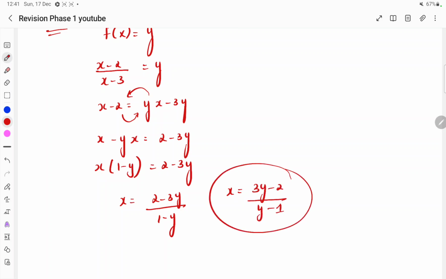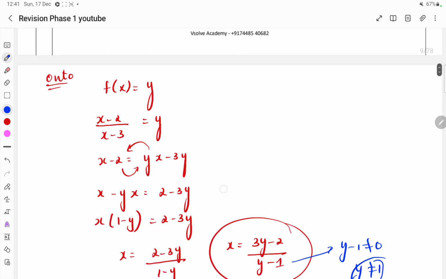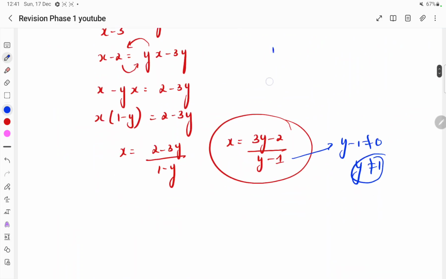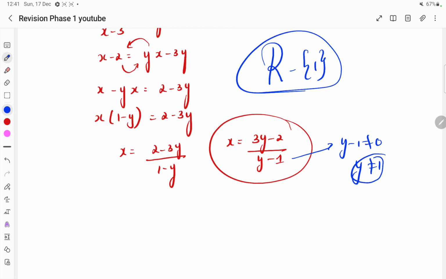So now I have to check this y minus 1 cannot be equal to 0 and y not equal to 1. This is what they have given in the codomain part. In codomain part, they have given all real number except 1. Suppose if this condition is not given, I cannot say it is onto.